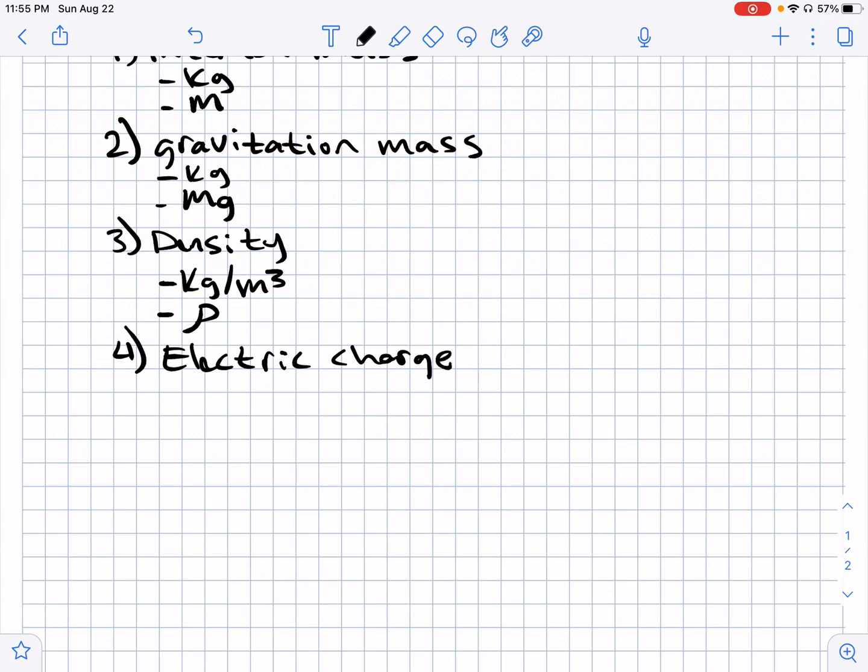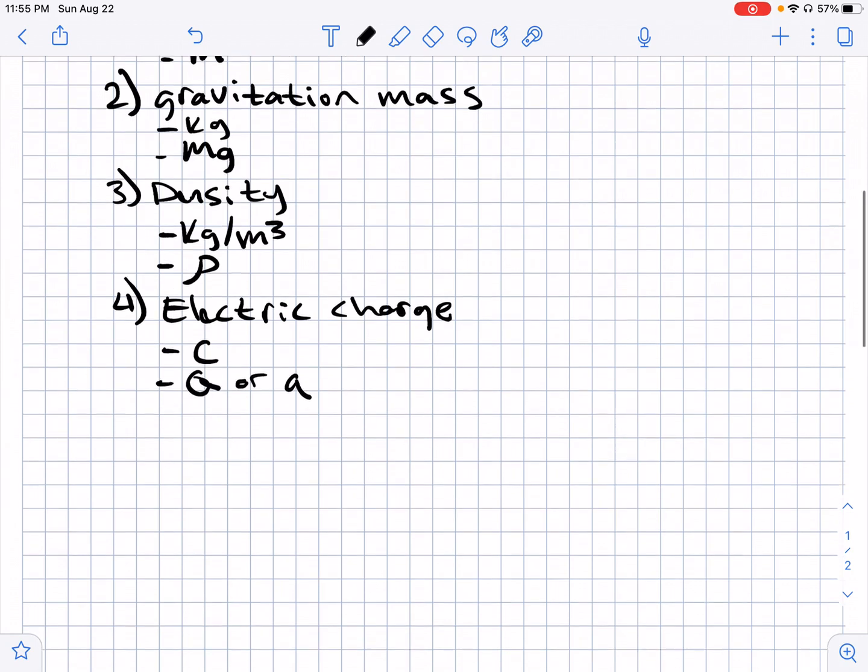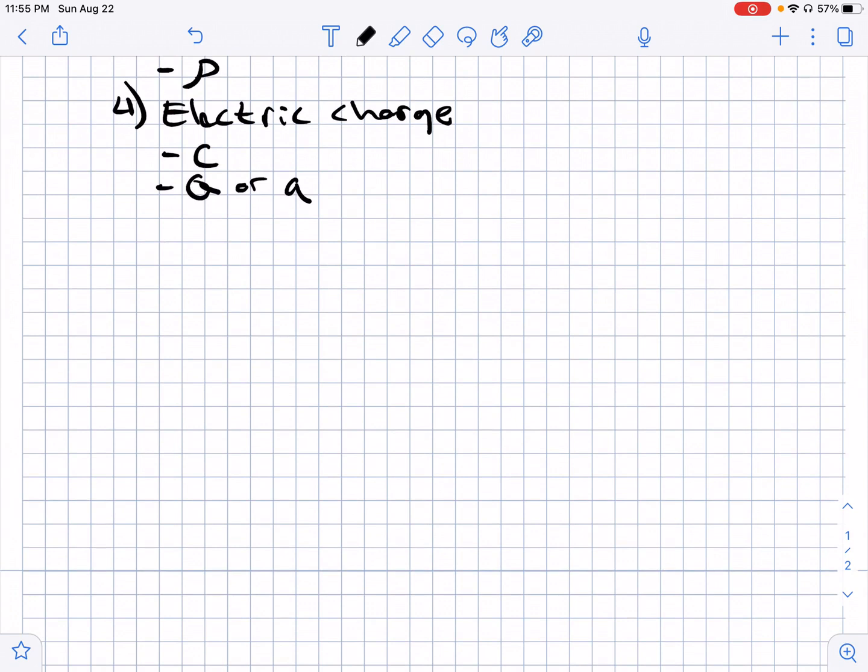The electric charge causes an object to exert electric forces on other objects. The unit that we use for that is a capital C, coulombs, and the symbol that we use is a capital Q or sometimes a lowercase q. Now with the changes that were made in our curriculum, we're not going to really get into electric charge. You'll really see that once you get into AP Physics 2. And so those are the properties of objects.